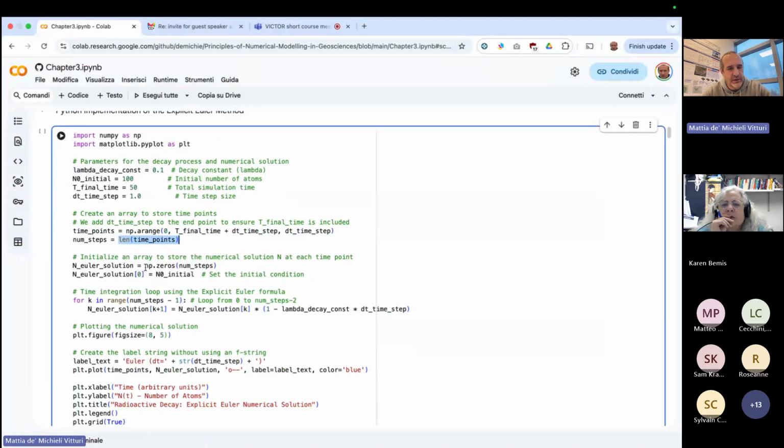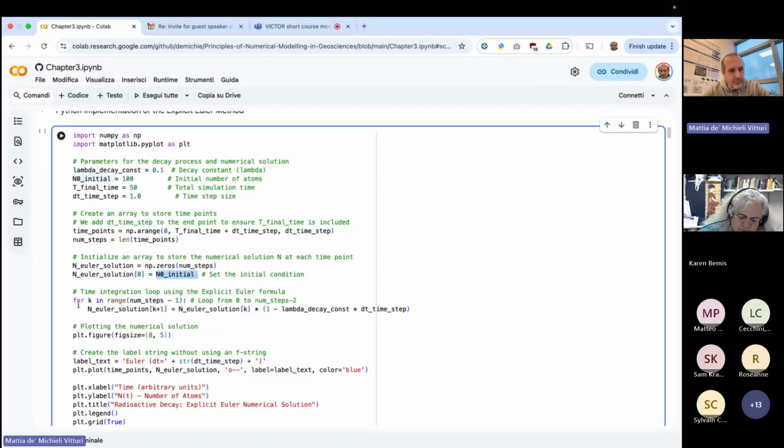We create this with the NumPy function np.zeros, which initializes an array full of zeros with the same length as the time array. And we initialize the first element of this array with the initial number of atoms.